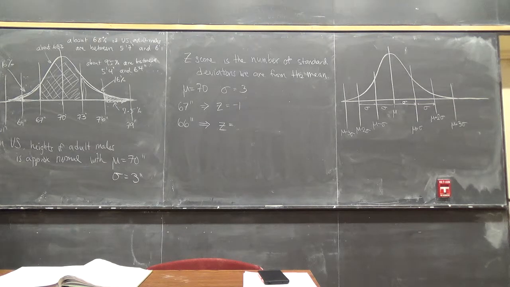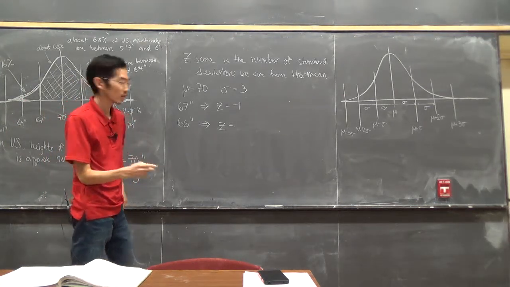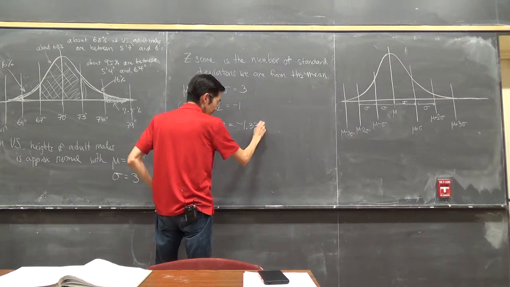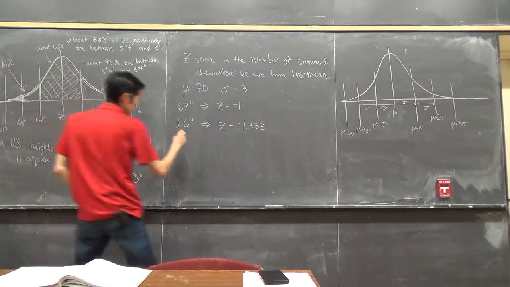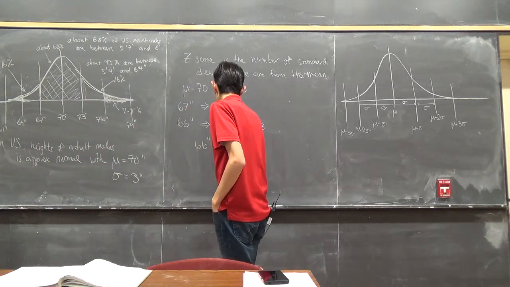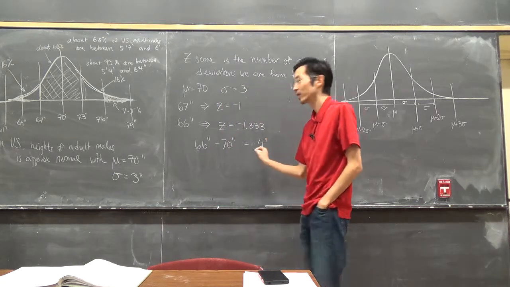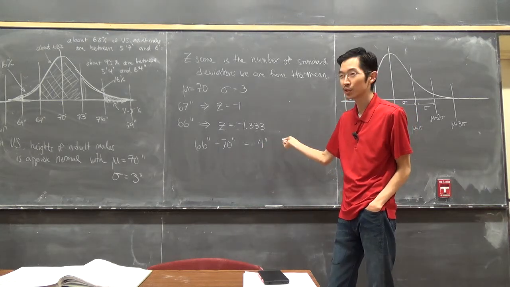Okay, now go ahead and say it. -1.333. Okay? So what we are doing here is we are saying, well, 66 inches, that's 4 inches below the mean. Okay? 66 is 4 inches below the mean.